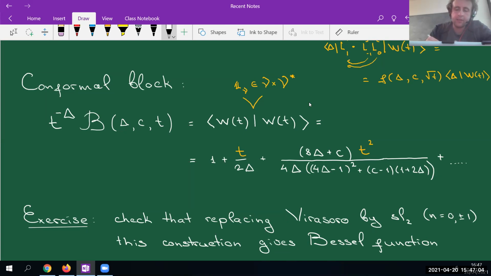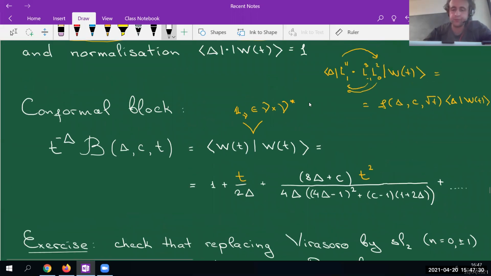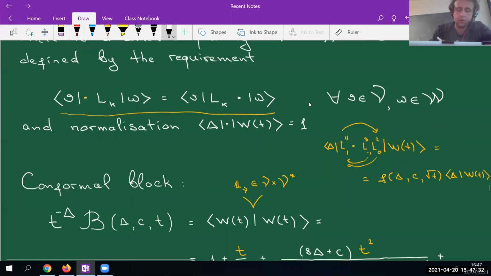But basically the idea is to insert between these two the identity operator, which is viewed as an element of this product, of the highest weight representation and its dual. And now you can compute, because you can compute any of those matrix elements.